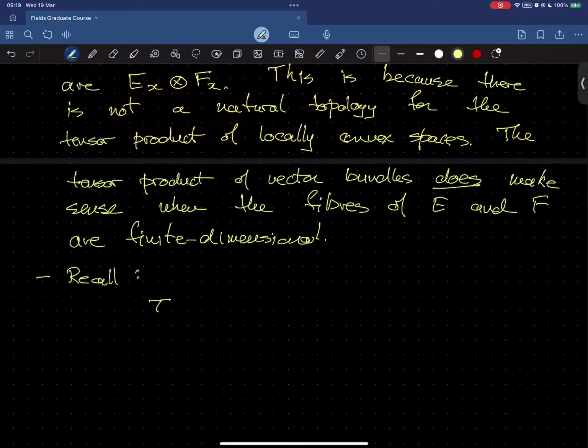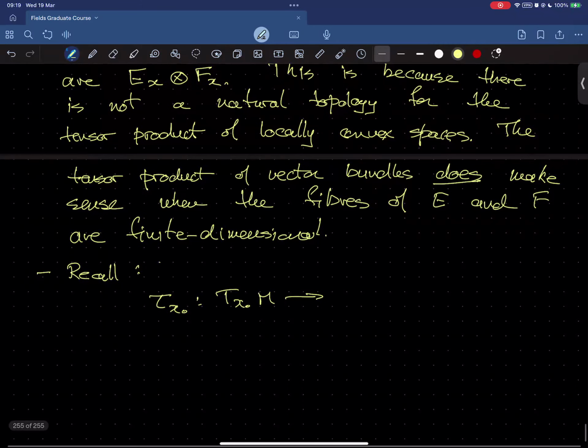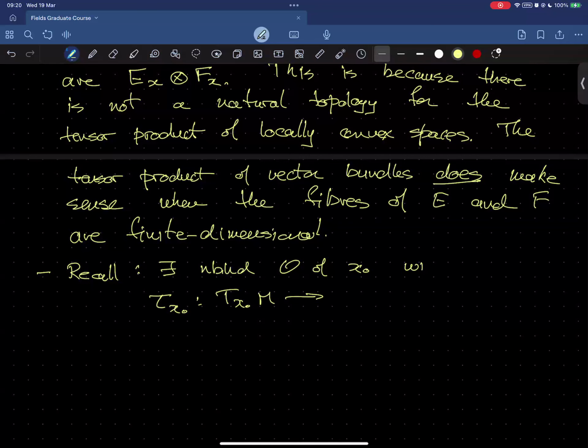So I have this mapping, which I call tau x naught, from the tangent space at x naught into, and an important part of this is that there exists a neighborhood O of x naught.